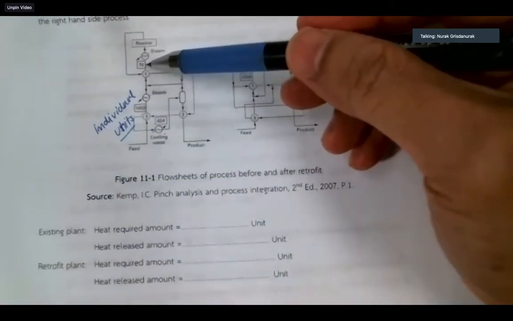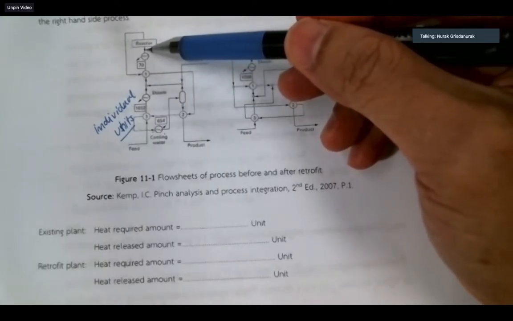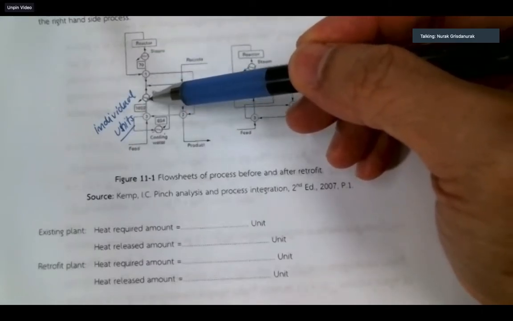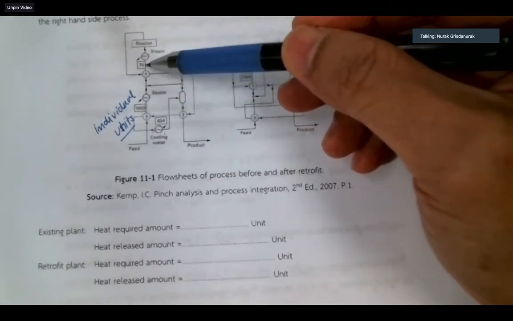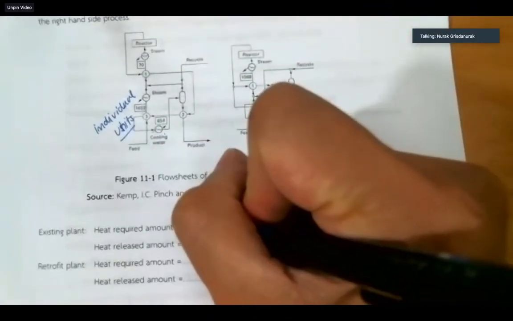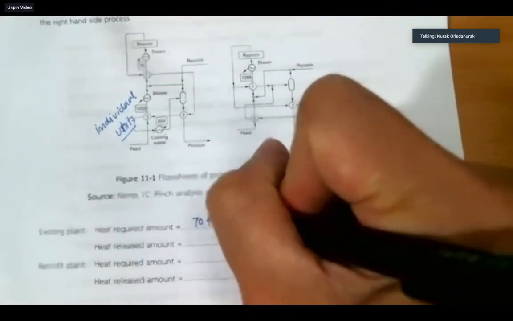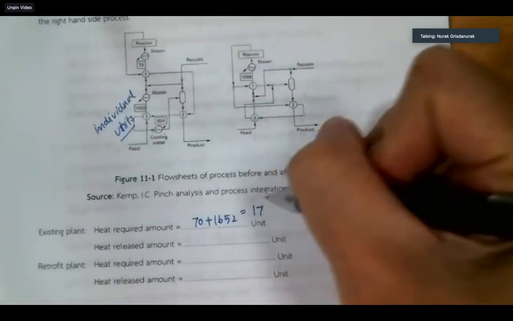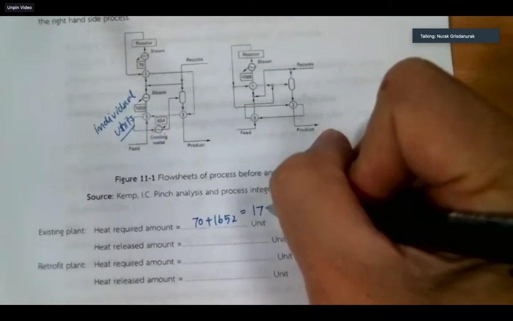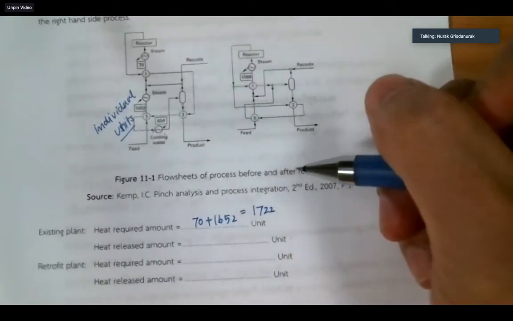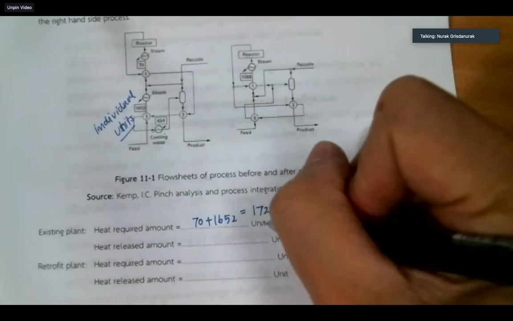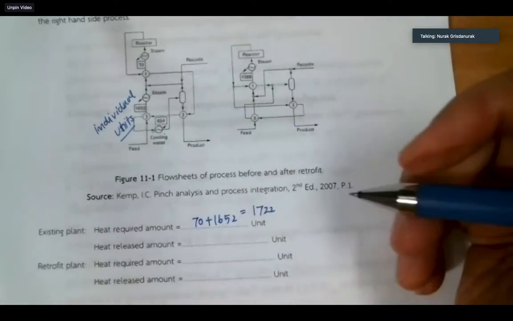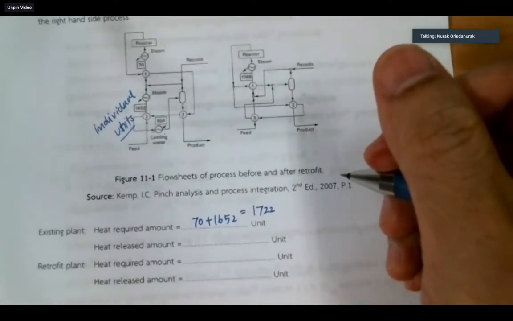The heat required equals the heat required to increase the temperature to that point. So it becomes 60 plus 1,652. What I get is 1,722 units. The unit here means something like kilocalorie per hour or watt.